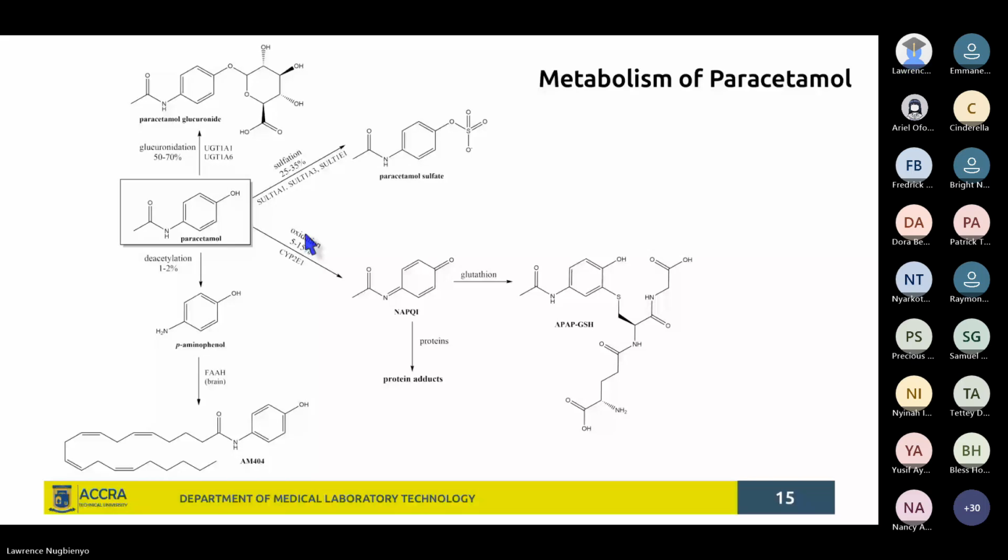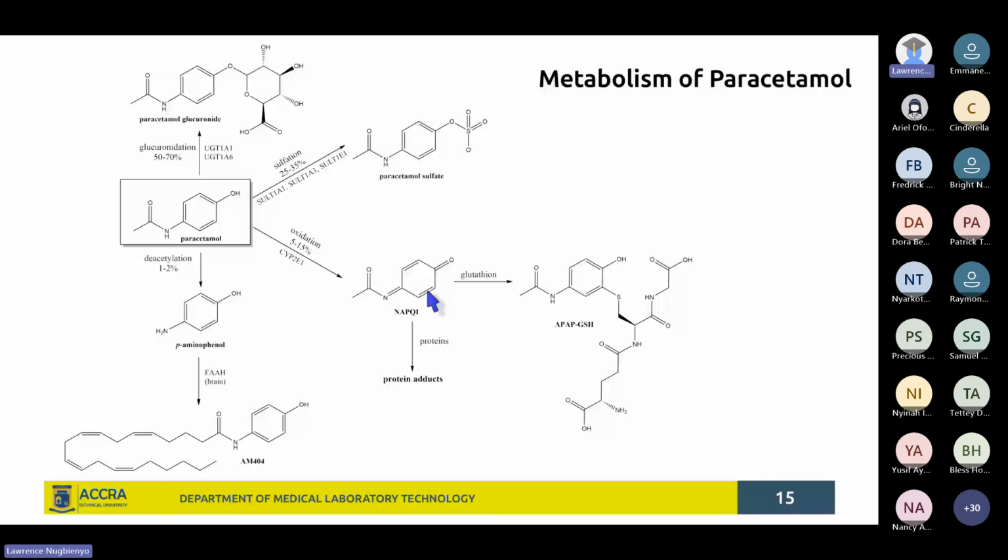There are also sulfation enzymes, the SULT1A1 and others, and some transferases, just like the glucuronide transferases. This oxidation converts 5 to 15% of paracetamol to N-acetyl-p-benzoquinone imine.